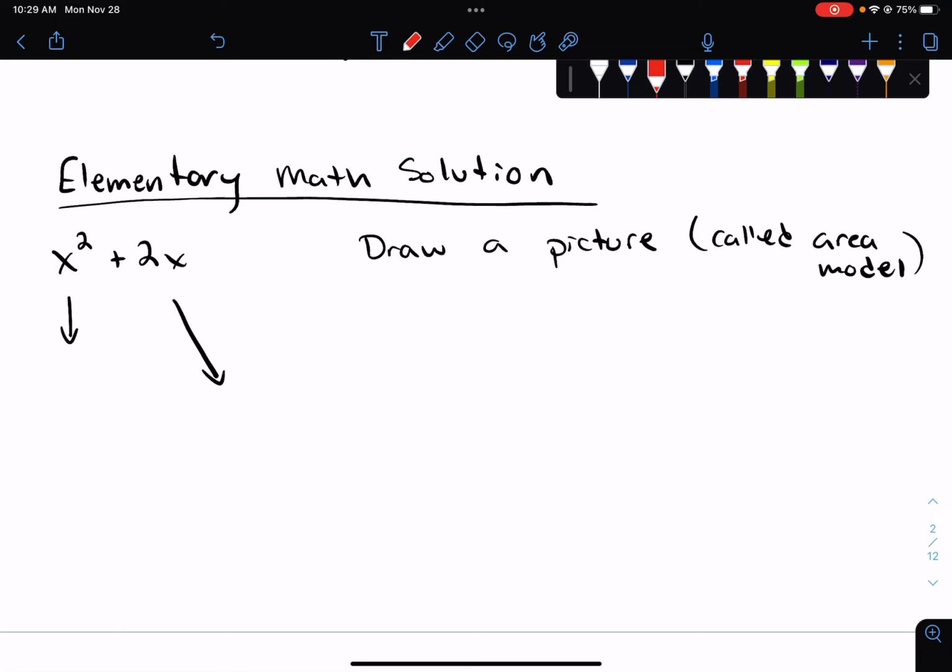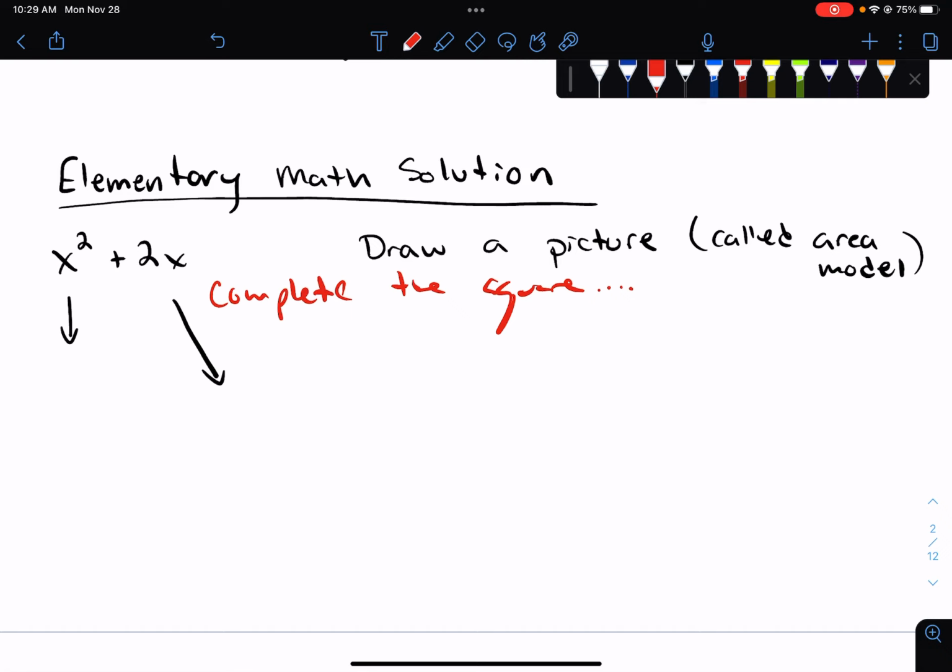So here's how we do this. If I have x squared plus 2x, and it tells me to complete the square, so my instructions say complete the square. Well, first of all, I don't see a square. I see a bunch of numbers. So I want to take those numbers and build a geometric shape. I want to build a square out of those numbers.